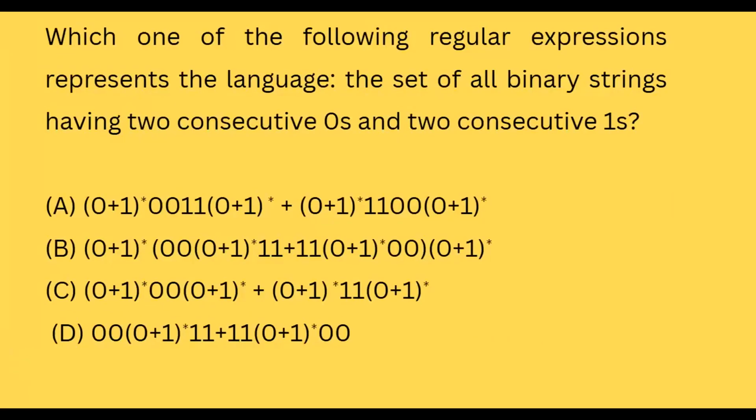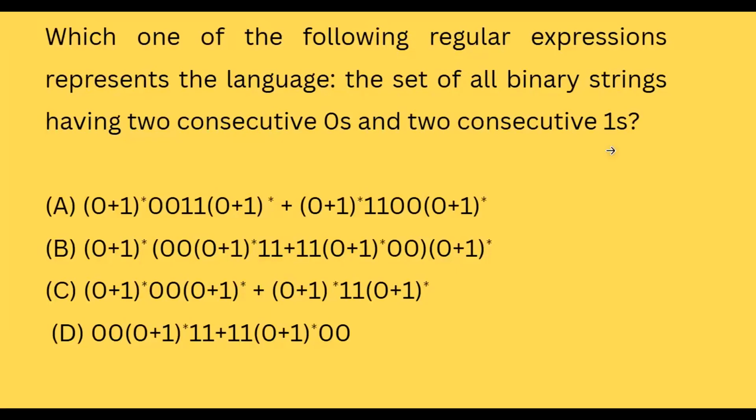Next question. Which one of the following regular expressions represents the language, that is, the set of all binary strings having 2 consecutive zeros and 2 consecutive ones? That means a binary string can have 2 consecutive zeros and 2 consecutive ones anywhere as part of the string.